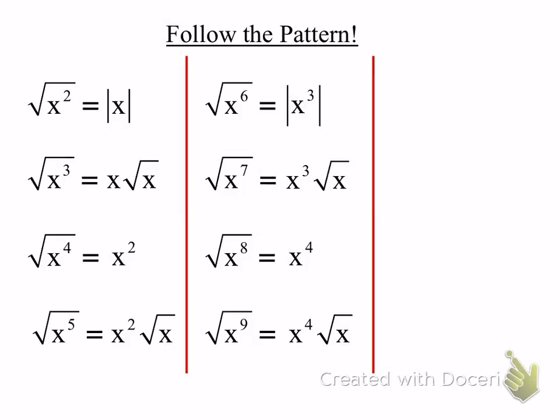Would it be wrong to say that radical x to the fourth, to put x squared in absolute value? Yes, it would be wrong because you don't need to. The negative is handled because a negative times a negative makes a positive. Whatever x is, if it's a negative number, it can be negative because it will be multiplied by itself 4 times.